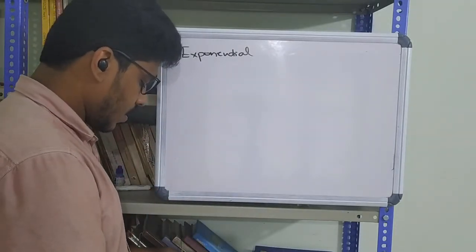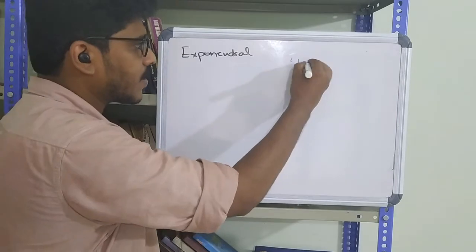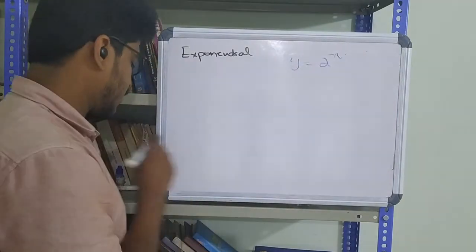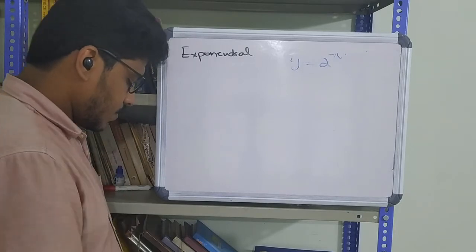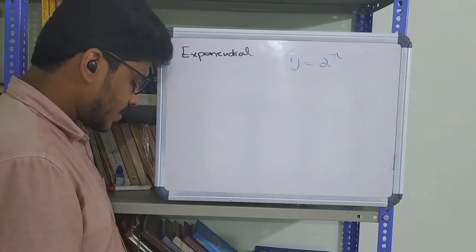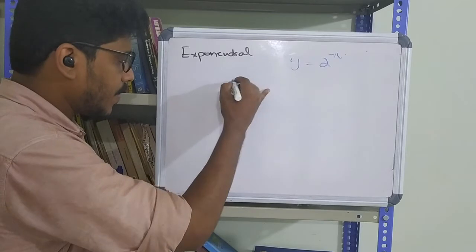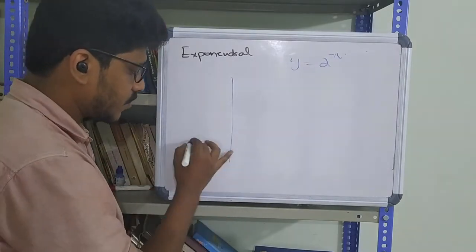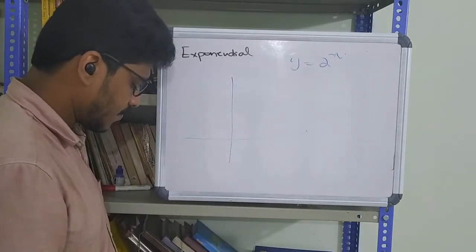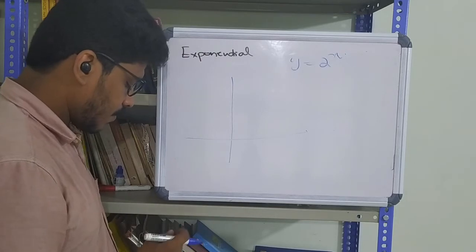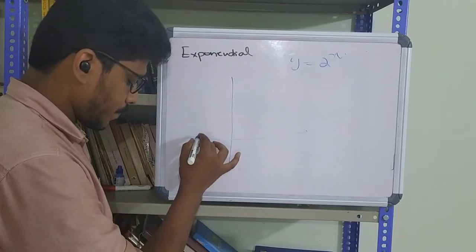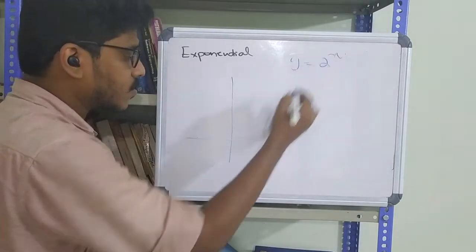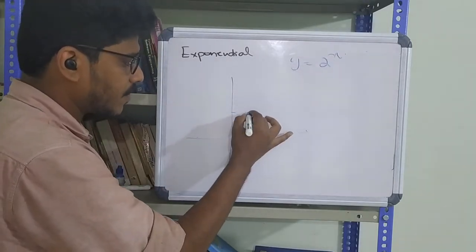Let's choose an example, y equal to 2 raised to x. So y equal to 2 raised to x will be, I'll just give you a rough shape of the graph. See, for x equal to 1, we'll have 2, right?